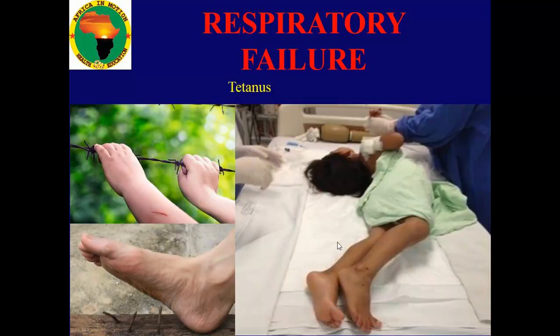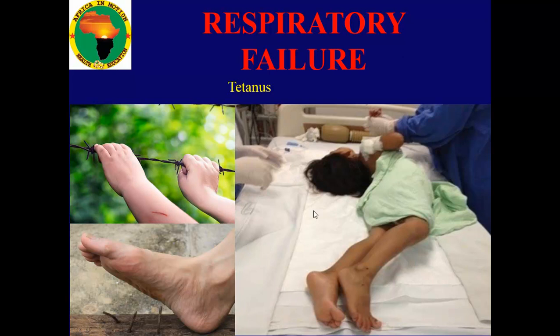Tetanus. Tetanus, we know, is a disease caused by infection with bacilli, which is transmitted through injuries. The anaerobic bacilli will enter or penetrate the body during trauma or during delivery in unclean circumstances.